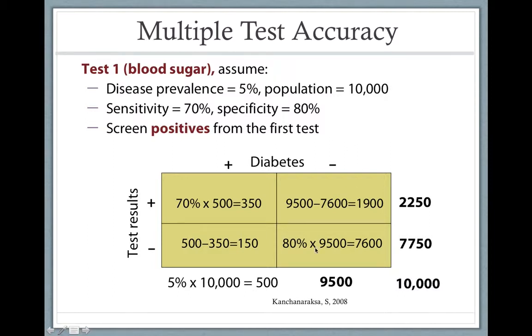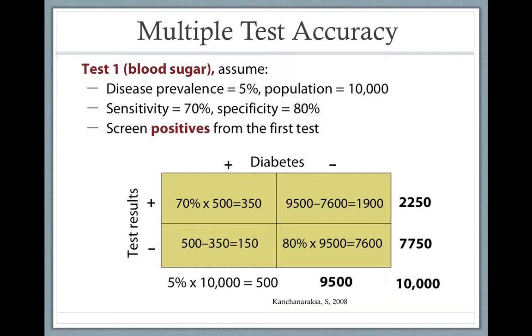And the specificity is the proportion of people that don't have the disease that test negative. So that's going to be 80% times 9,500 or 7,600. And then the rest of it is just algebra to figure out the false negatives and false positives.